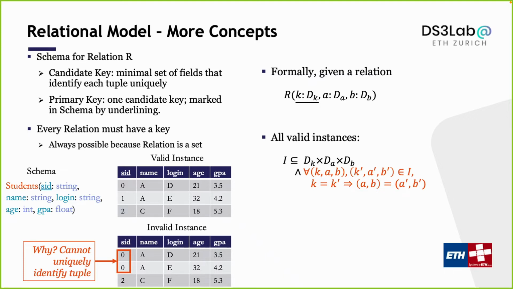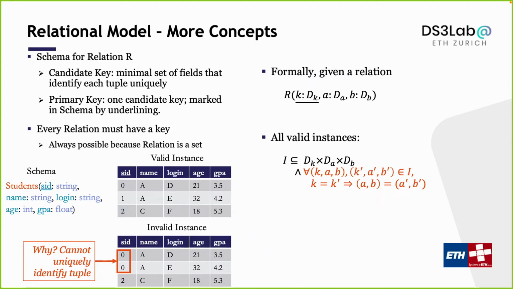It must be a tuple of that type. But that's not enough. I have some additional requirement. That is, if you give me arbitrary 2 tuples, (K, A, B) and (K', A', B'), if the key matches, if K equals K', I must be able to imply that the rest of the attributes will take the same value.